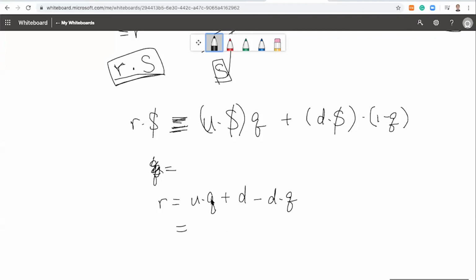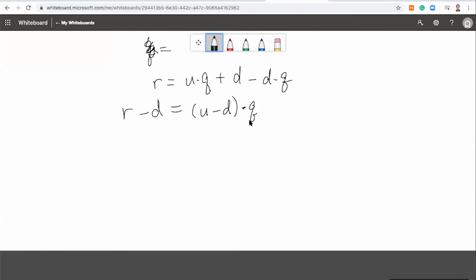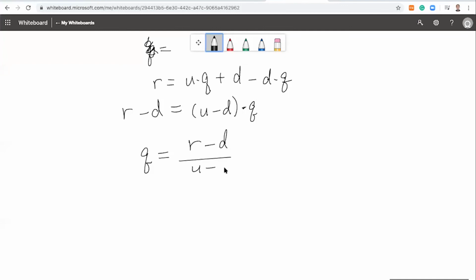So I can take this Q as one part, so it's U minus D times Q. Then I can move D to the left-hand side. Now I can write this formula in terms of Q. Q is just R minus D over U minus D.